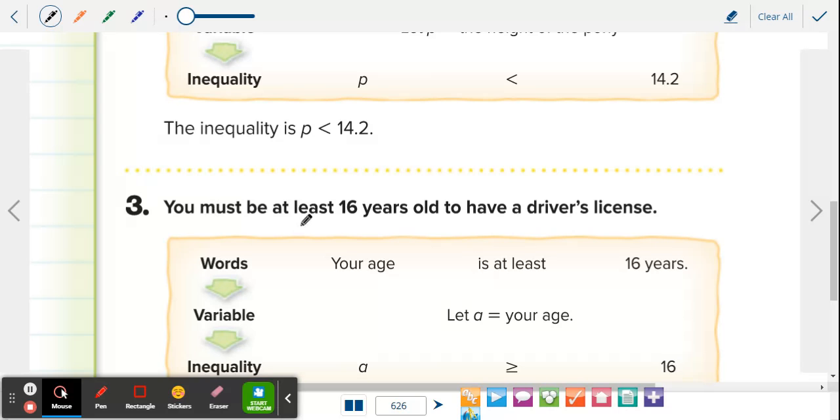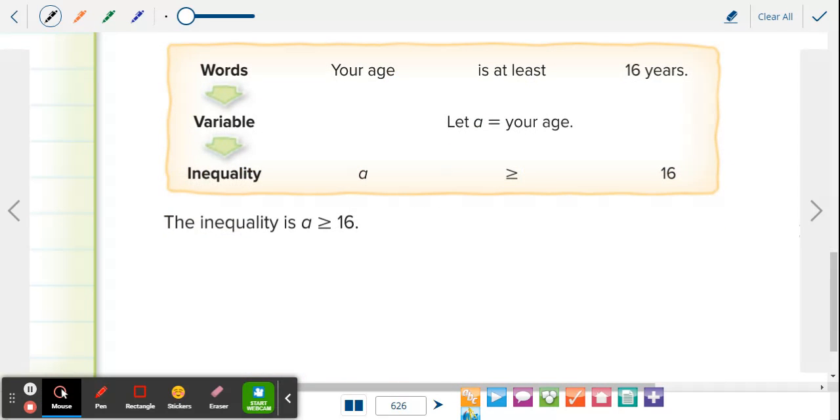Can you be 16? Yes. So can it equal 16? Are you going less than 16 or above 16? Above. So it's A is greater than or equal to 16, because you can be 16 and older. You could be 16, 17, 18, all the way up to infinity. That's how that works.